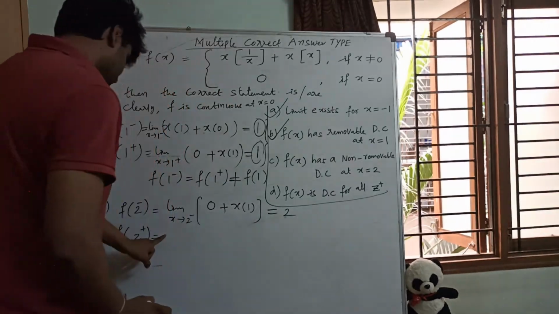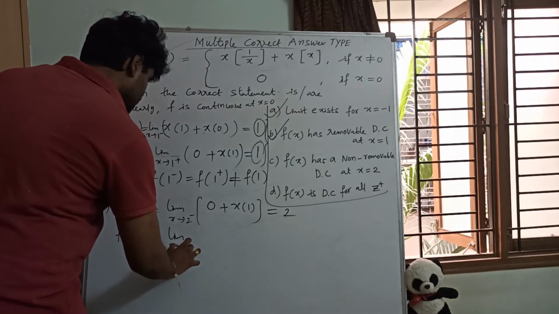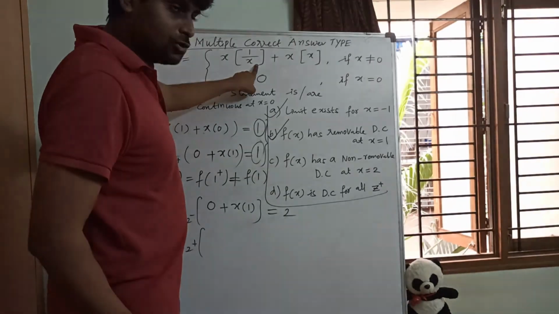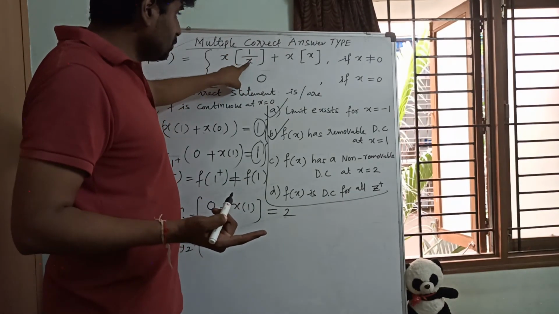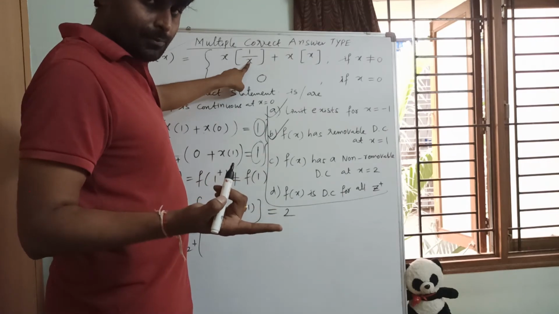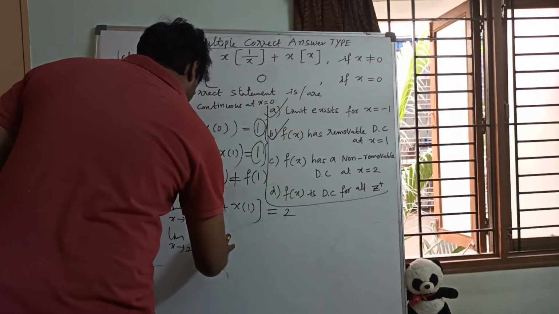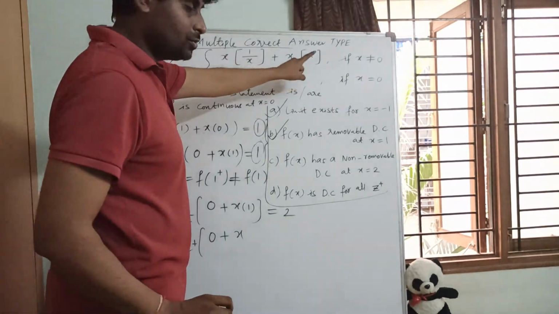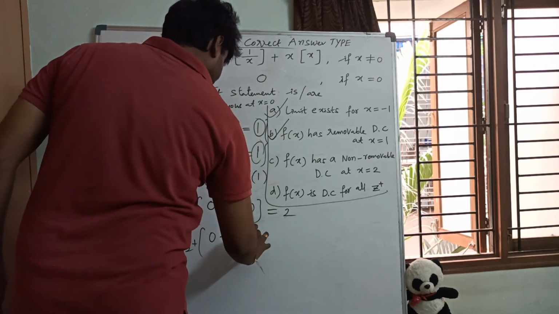Now let us see RHL. Limit x tends to 2 plus. 2 plus means 2 point change. 1 by 2 point change, proper fraction, 0 point change. So this also will become 0, plus x into step of 2 point change, 2, so x into 2.